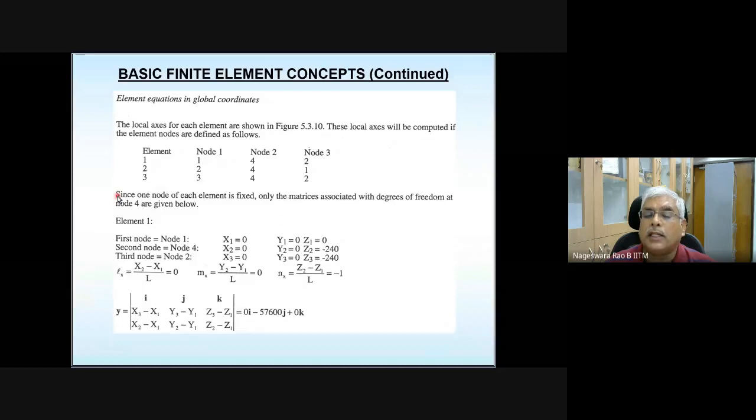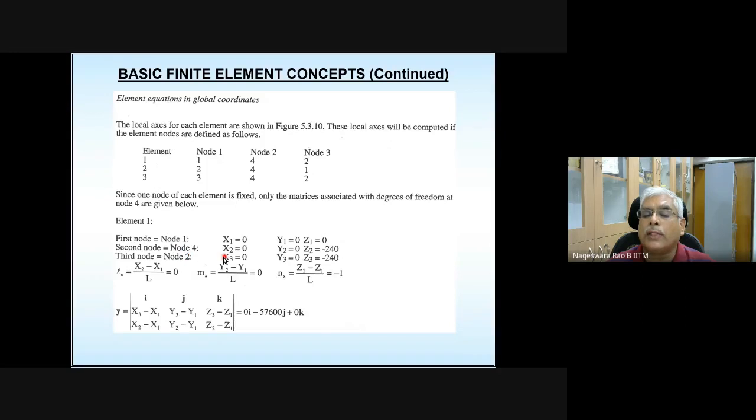Since one node of each element is fixed, only matrices associated with degrees of freedom at node 4 are given below. Anyway, this is a separate thing. So now let's go to element 1. What is node 1? First node. What is the second node? What is the third node?